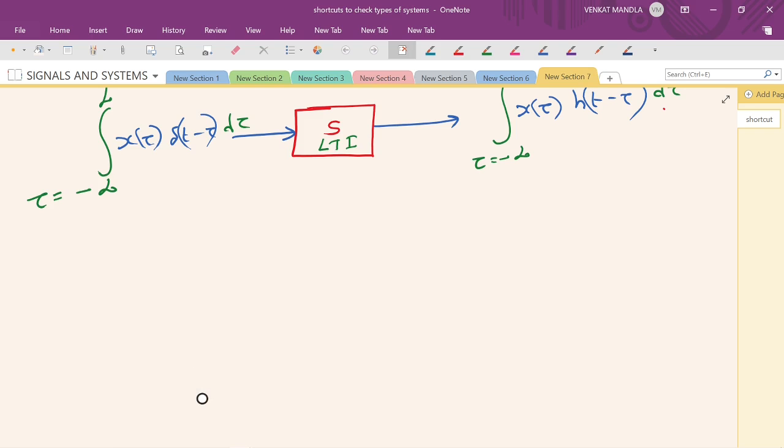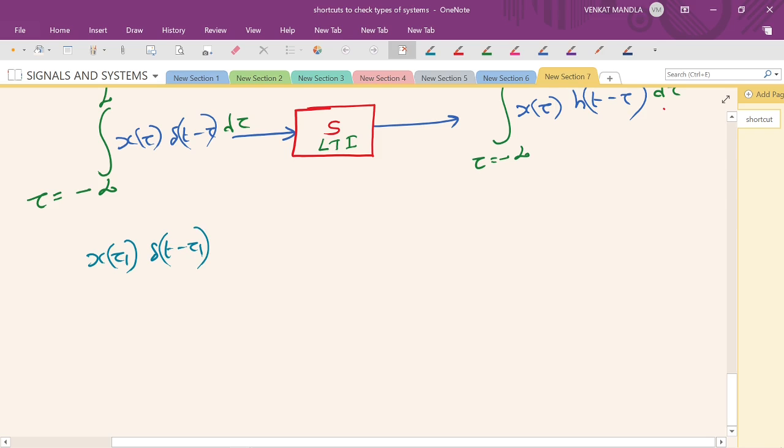Tau equal to minus infinity to plus infinity, tau is discrete: tau 1, tau 2, tau 3, tau 4, like that. I will take x of tau 1 into delta of t minus tau 1, plus x of tau 2 delta of t minus tau 2, plus x of tau 3 delta of t minus tau 3, and so on.